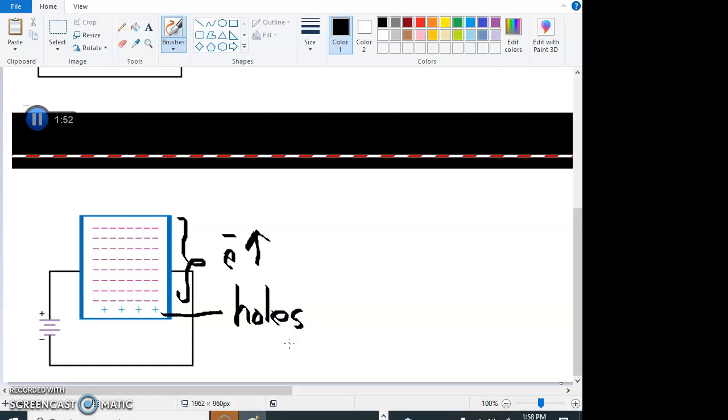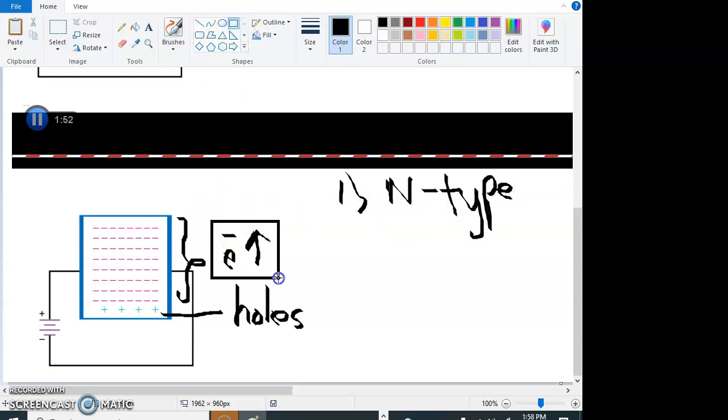Since we add, for this one, we are talking about N-type material. Since we add pentavalent atoms, there is a free electron. That's the reason why there is now an increased number of electrons.